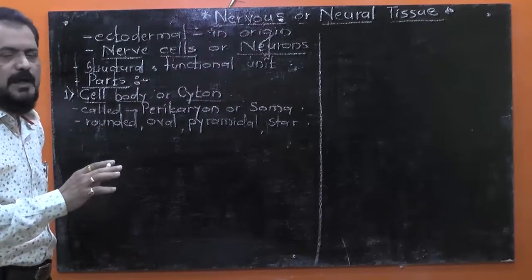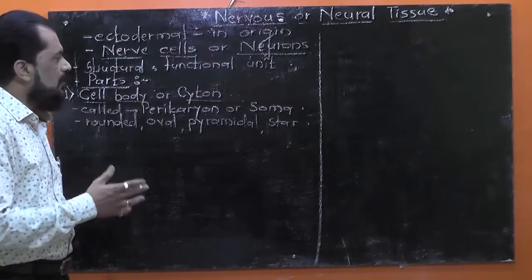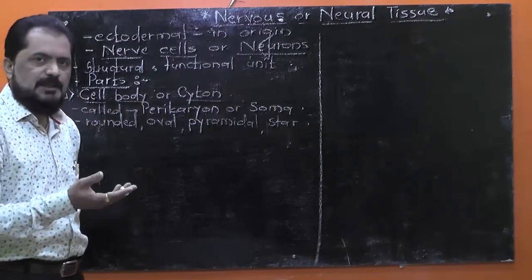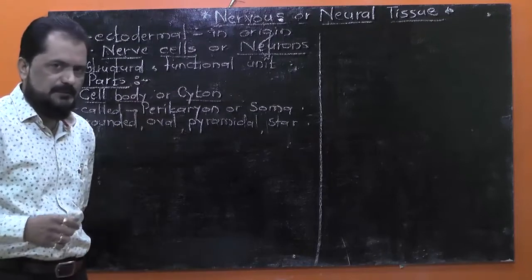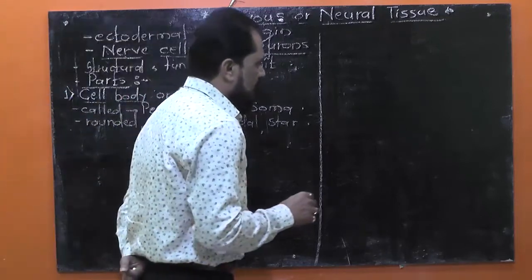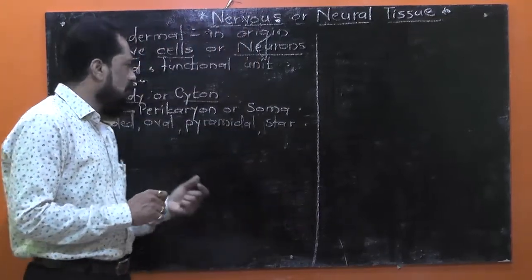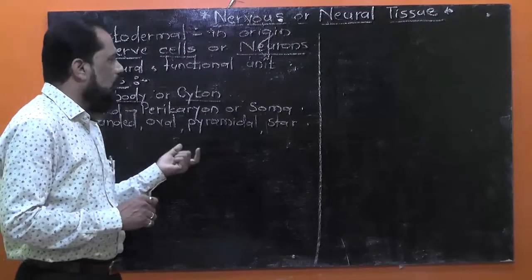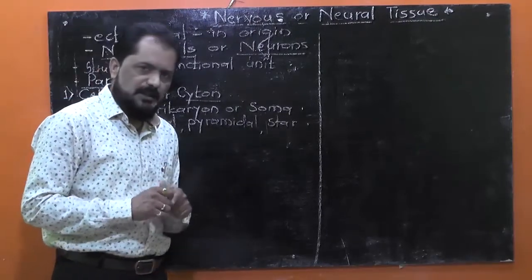Means there is variability in the shape of cyton. Simultaneously I am going to draw a diagram there. I said that the cyton is either rounded, oval, pyramidal or star shaped.